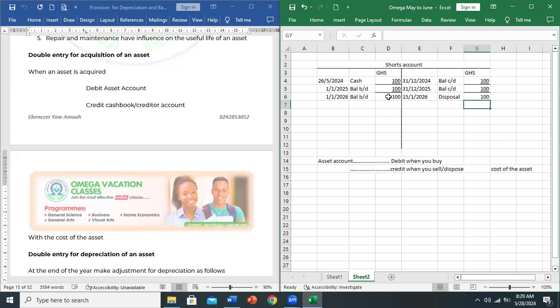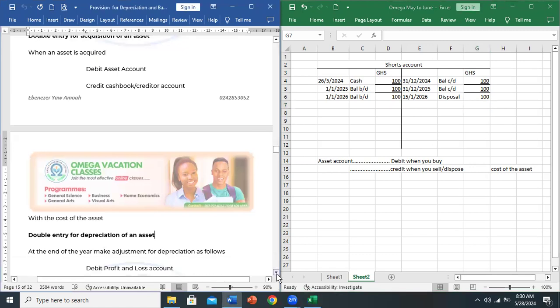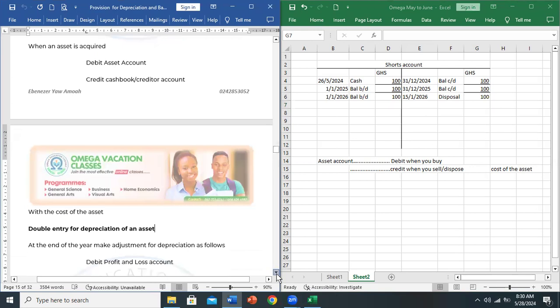So you have to do year by year kind of recording. That is what students sometimes find a bit difficult. But the principle is when you buy the asset, debit. When you sell it, credit. With this knowledge, let's look at the first illustration and see how we would make the asset account very simple for us.